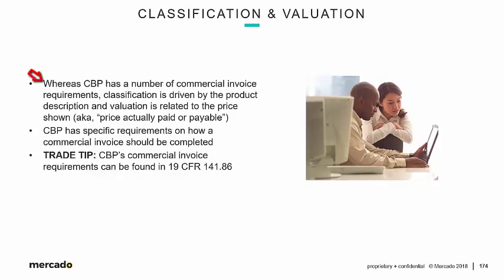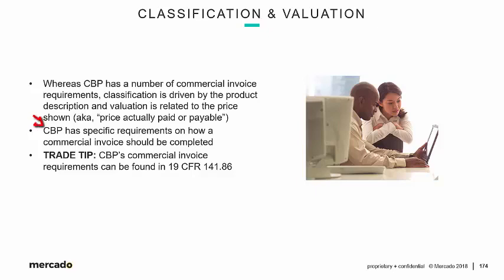Whereas CBP has a number of commercial invoice requirements, classification is driven by the product description on that commercial invoice, and valuation, as we just said, is related to the price shown on that commercial invoice, also known as price actually paid or payable.